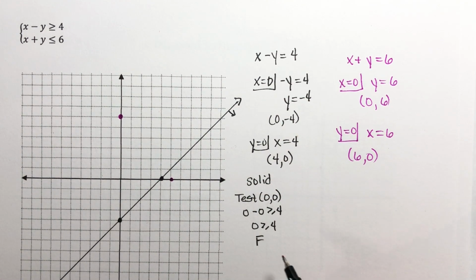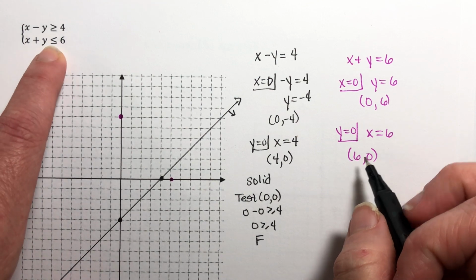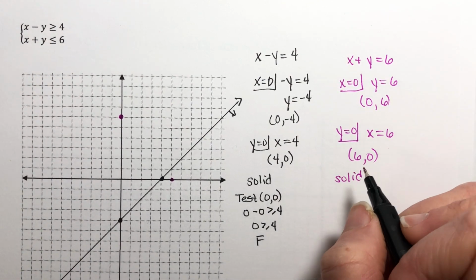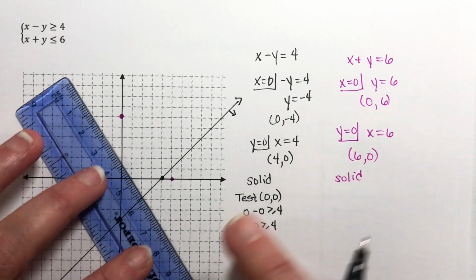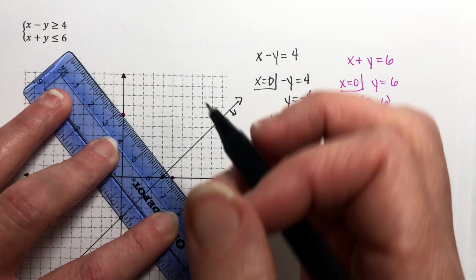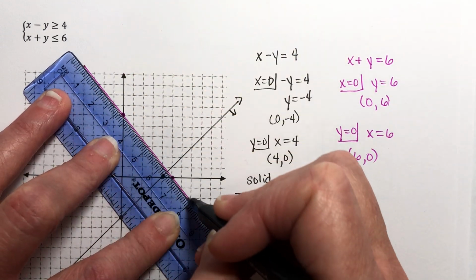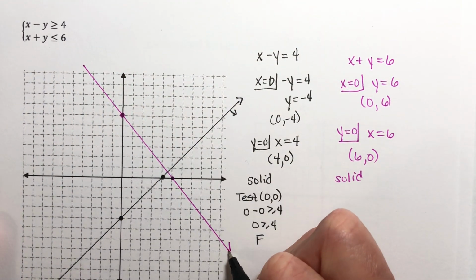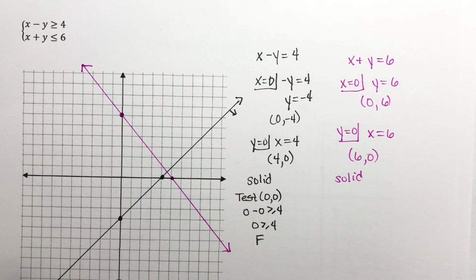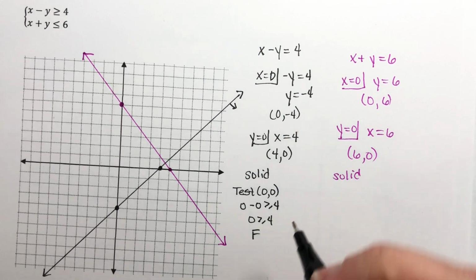Okay, now is this a dotted line or solid line? It has an equal to on it, so it's solid. Now I need to figure out which side of this I'm going to shade. And I can use 0, 0 again.